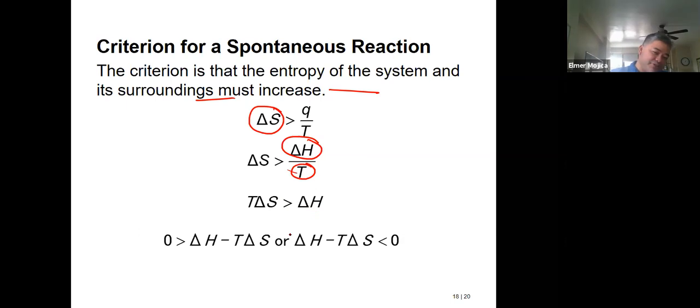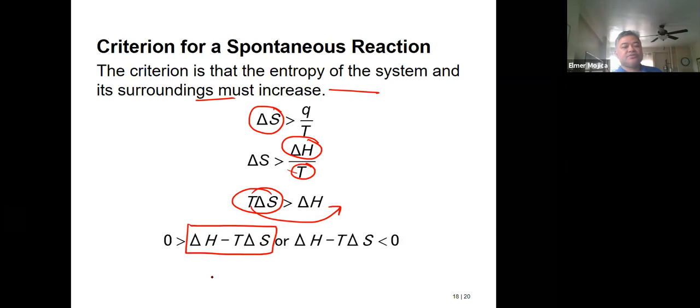So the way that they look at it, if you rearrange this, what will happen? You're going to move this to this side, so you have it like this, wherein it's less than 0. Or if you put it this way, delta H minus T times delta S is less than 0.